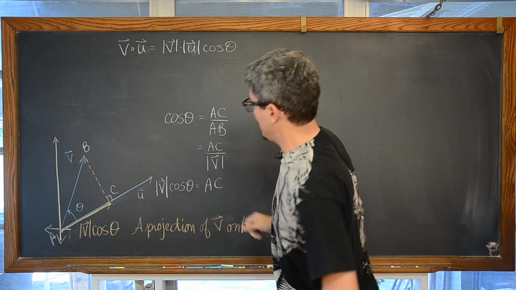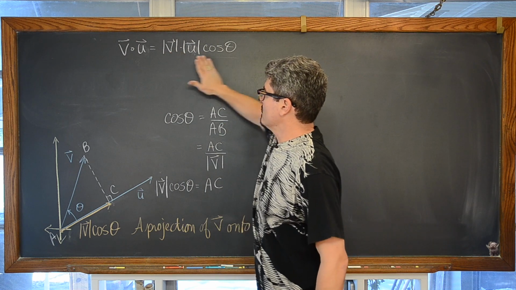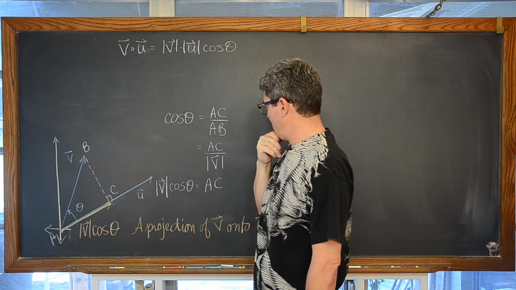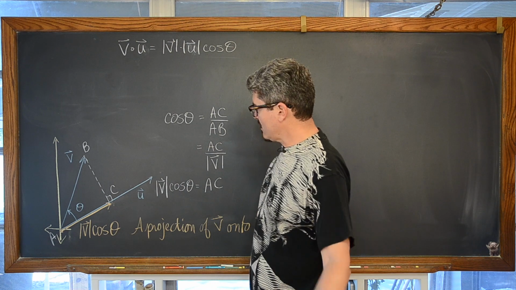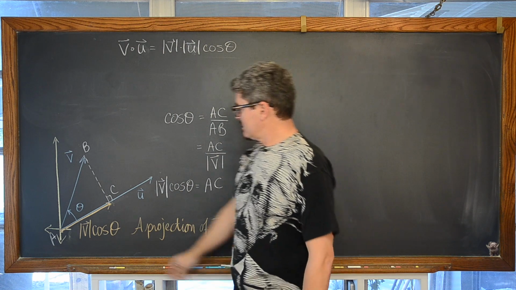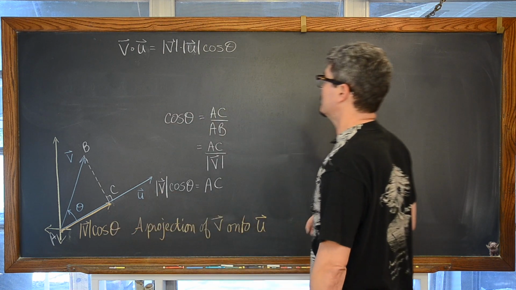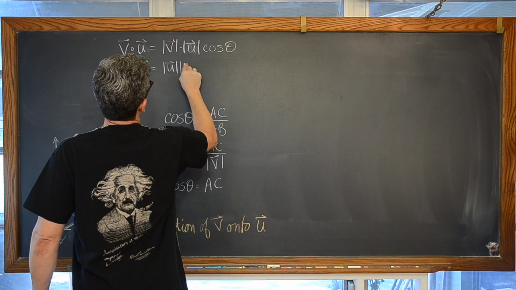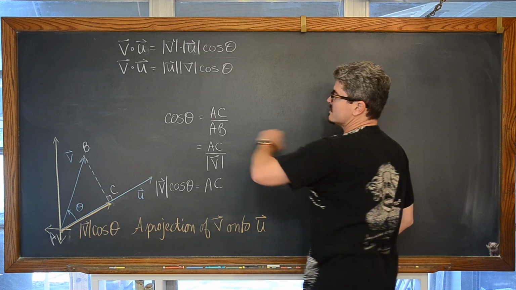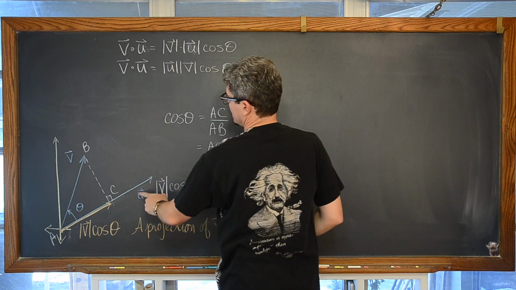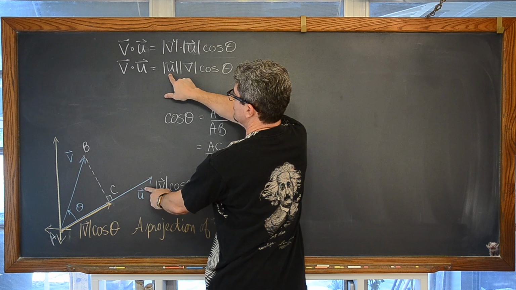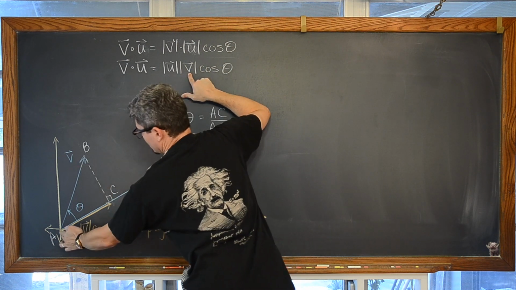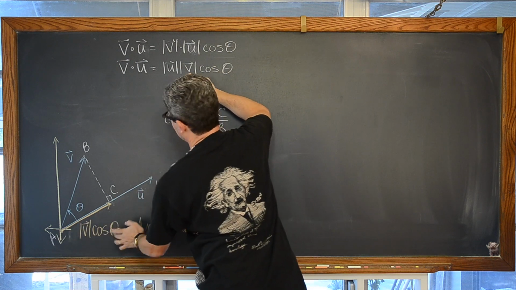As you look at the dot product here, vector v times vector u, I've described this as the magnitude of v times cosine theta, so I can change this around. When you look at this, you're looking at the magnitude of vector u times the part of vector v that goes in the same direction as vector u.